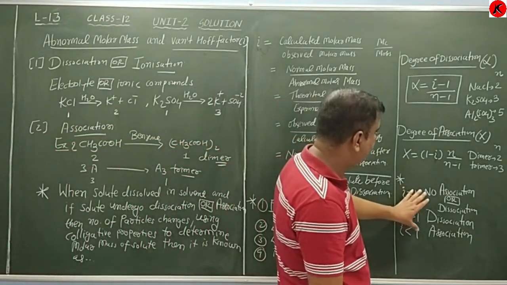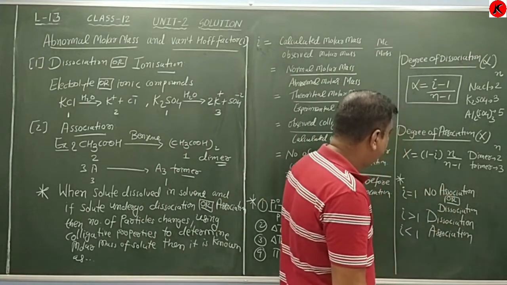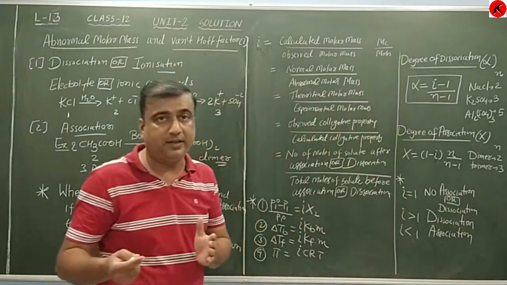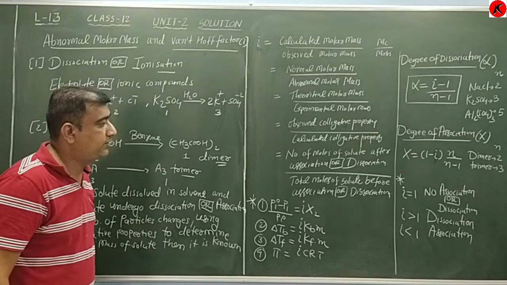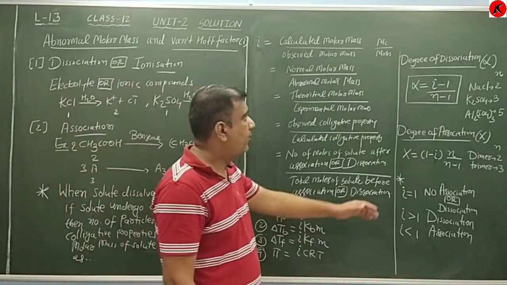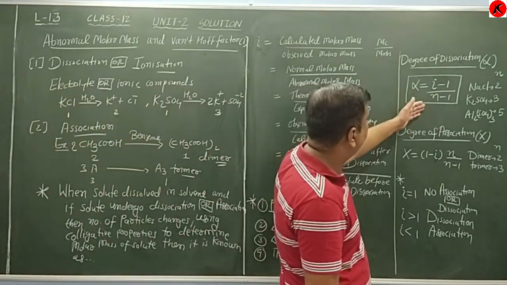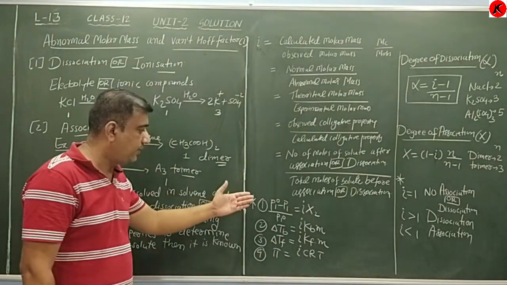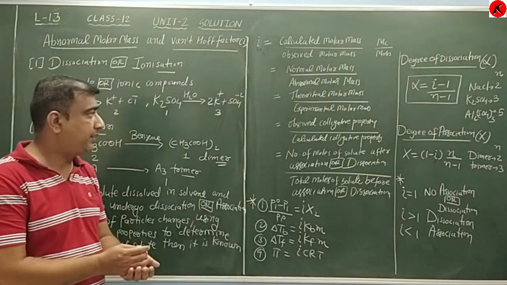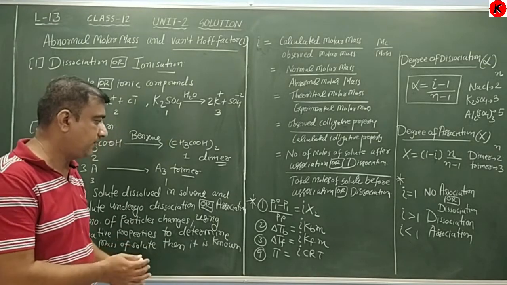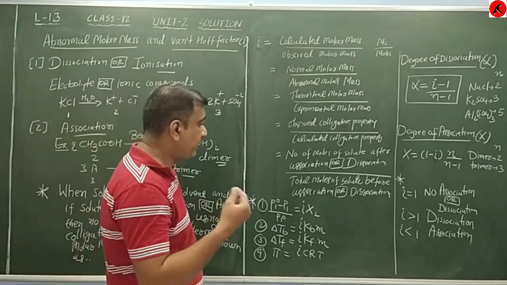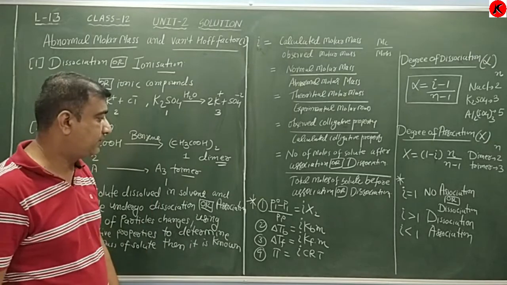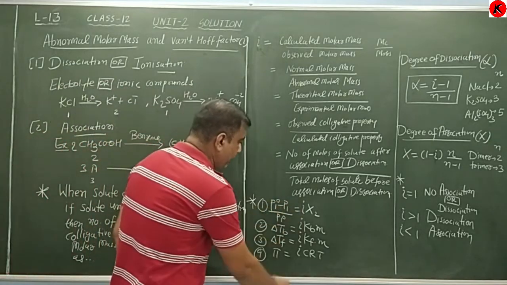So remember this value of i and the relation with association and dissociation. Also remember the formulas of degree of dissociation and association. Use these formulas when association or dissociation occurs. Then to calculate the correct molar mass of the solute, always use i.